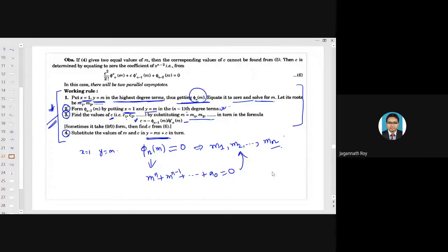So what we have here, x cube plus x minus 2a and y square equals 0. For the highest degree terms, if you substitute x equals 1, then you try to find out.